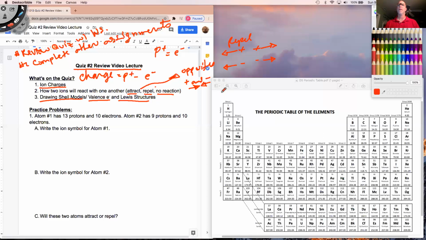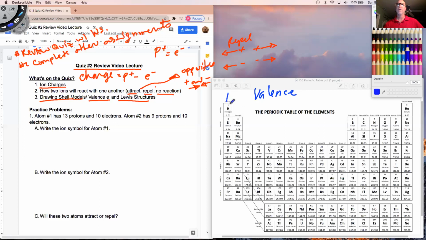If you remember, the valence electrons are the outside electrons, and the way we can find the valence electrons, all right, the valence electrons, ladies and gentlemen, are going to be found with these columns right up here.